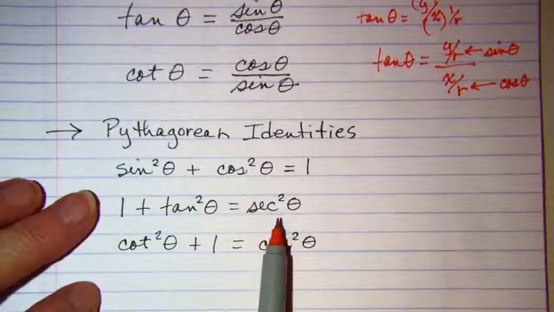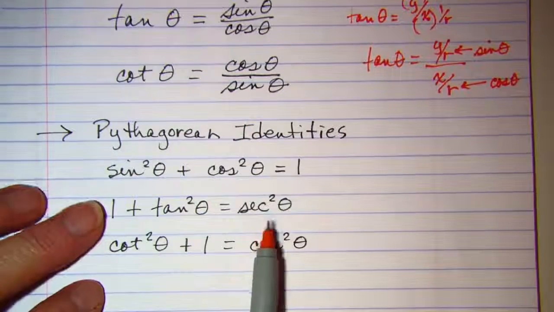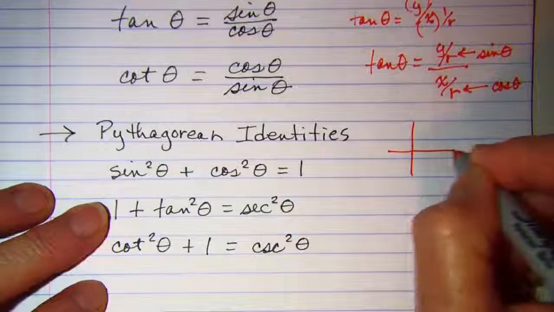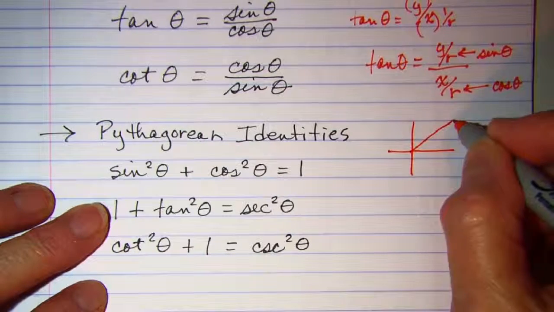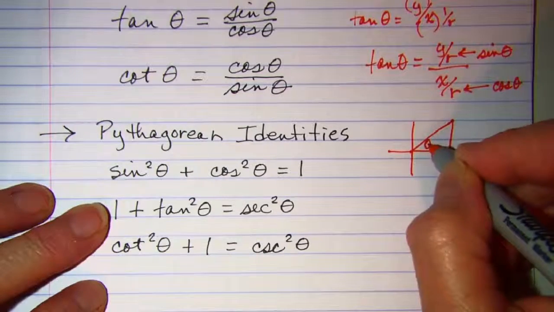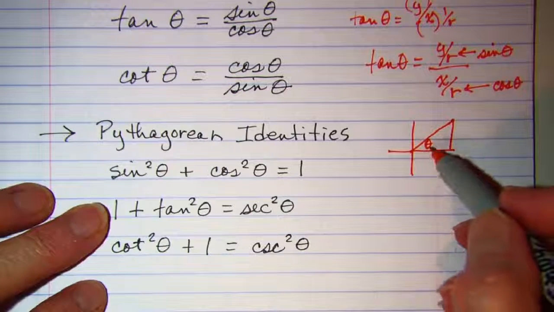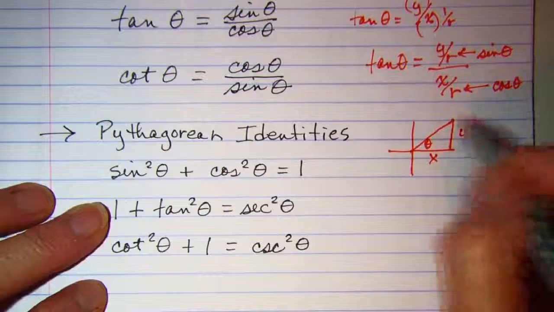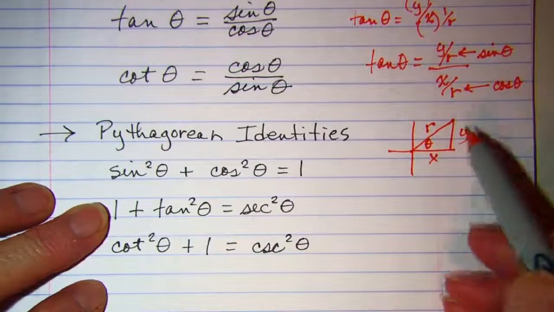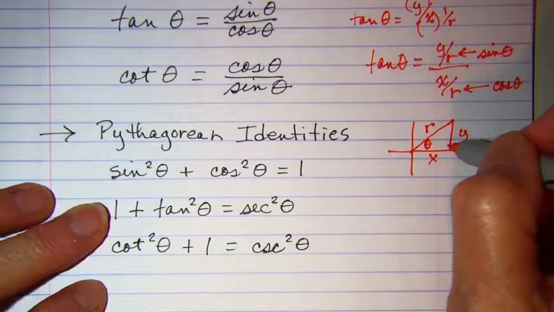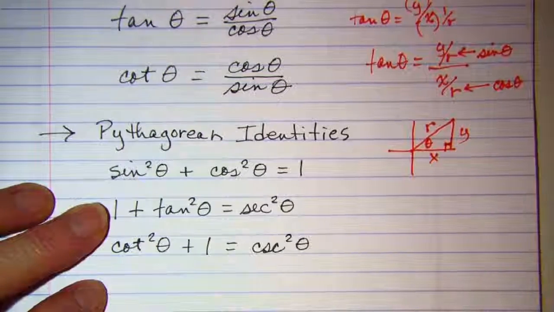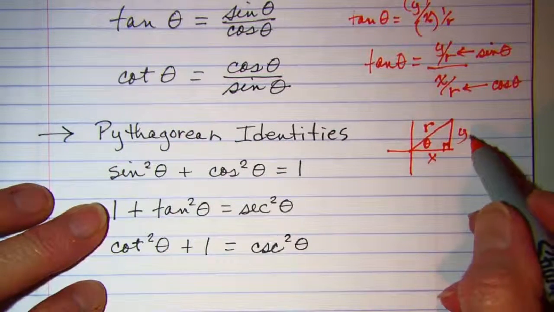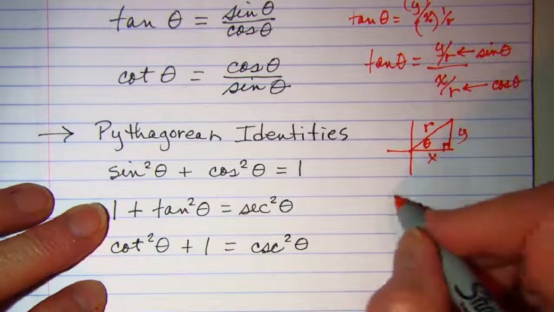Alright, on our Pythagorean identities, we can look at our reference triangle. If theta is there in the reference angle, this is my x and this is my y and this is r, the hypotenuse is r. We know that the Pythagorean theorem tells us that x squared plus y squared equals r squared.